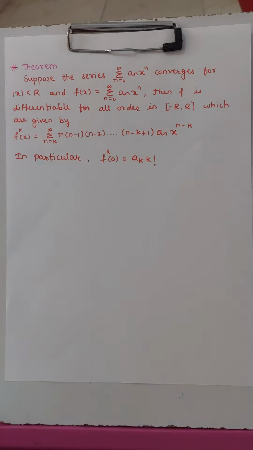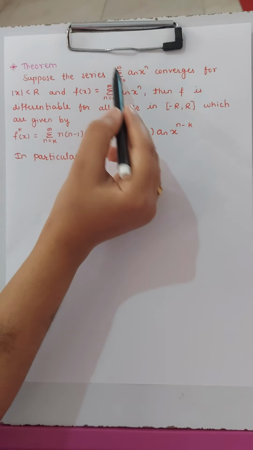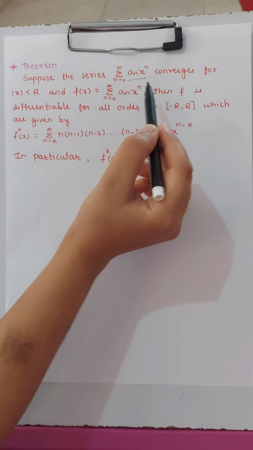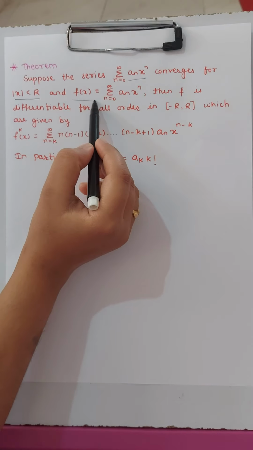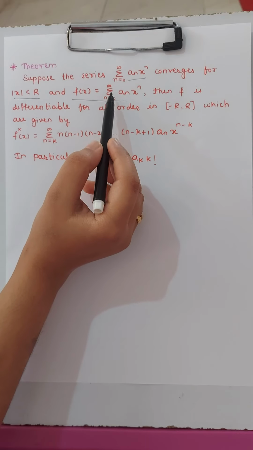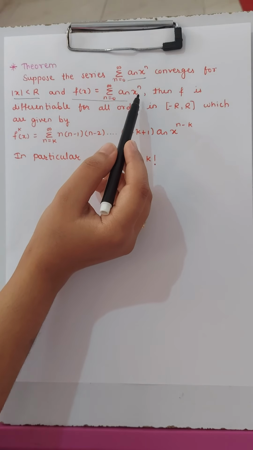So the next theorem is: suppose the series summation n from 0 to infinity a n x to the power n converges for mod x less than r and f of x equals summation n from 0 to infinity a n x to the power n.